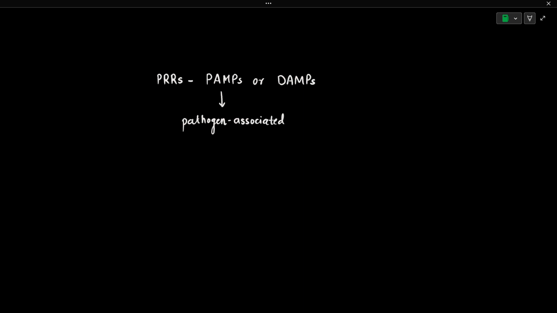Let's take for example lipopolysaccharides. Lipopolysaccharides are found only in gram-negative bacteria. They are not found in the host, not found in our cells. That is why they are recognized as a foreign entity by the pattern recognition receptors, and that is why we refer to them as pathogen associated molecular patterns.